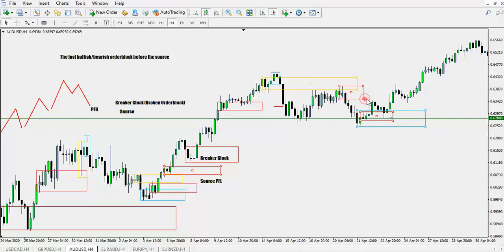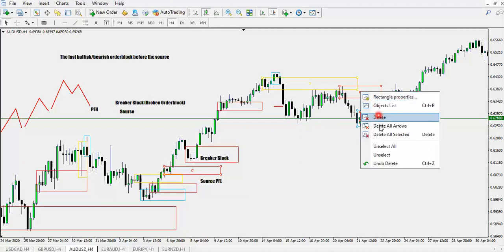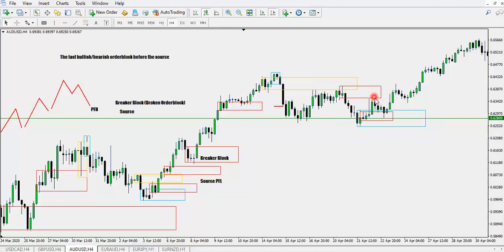Notice how price then came into our order block and tested it, and then price rejected and bounced off of our bullish order block and off of our source over here.